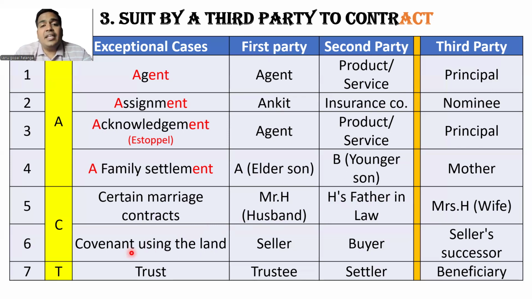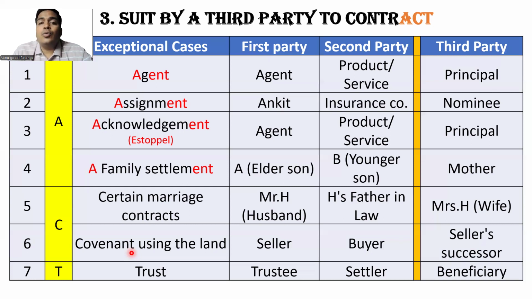Let us say there is a seller of land and a buyer of land. The seller has 2 acres. 1 acre he is selling to some party, and 1 acre he is keeping with himself. Unfortunately, the seller died, and his successor, his son, is taking care of that one acre of land.